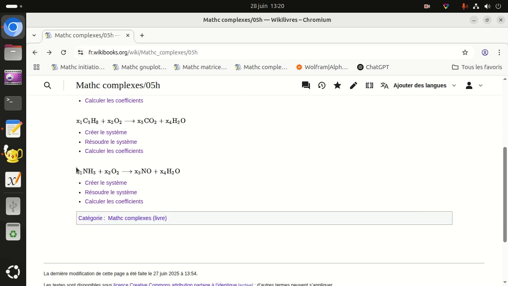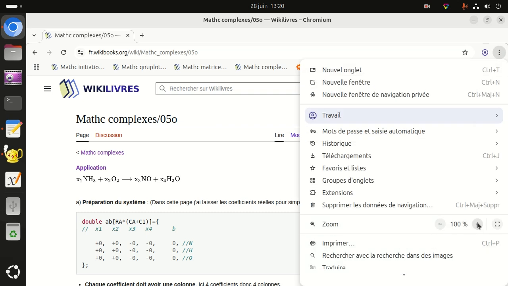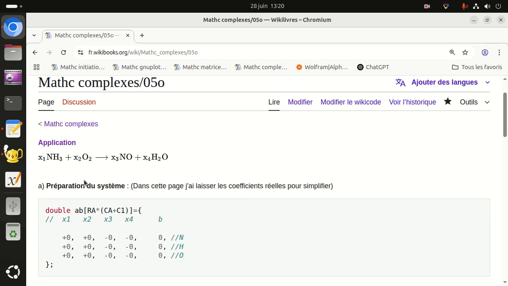Now I try to resolve this new chemical equation. This is the new chemical equation. Alors you have sodium, or natrium, sodium. This is my new system of linear equations.